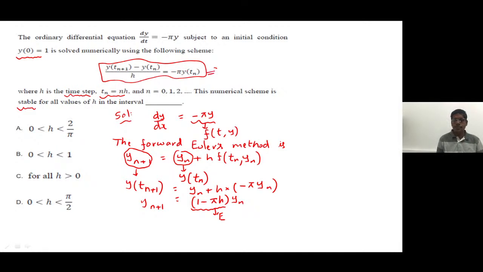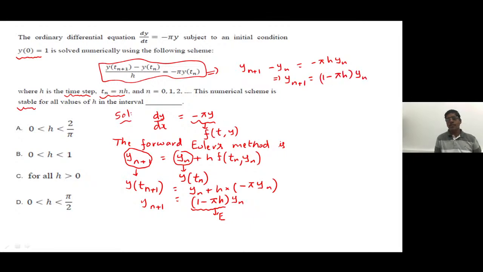For example, multiply h to the right side: y_n+1 minus y_n is equal to minus pi times h y_n. From this, y_n+1 is equal to, shifting minus y_n to the right side and taking y_n common, (1 minus pi h) times y_n.